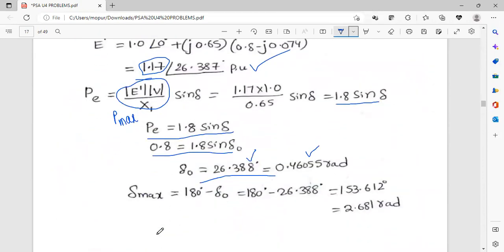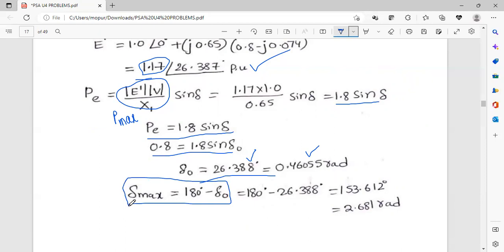Then you equate PE, which is 1.8 sin del, to the given power 0.8 and get the value of del naught. Now del max is equal to 180 minus del naught. This is the formula.